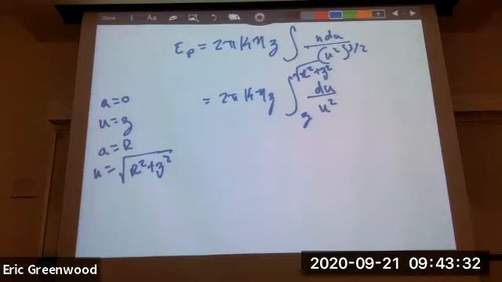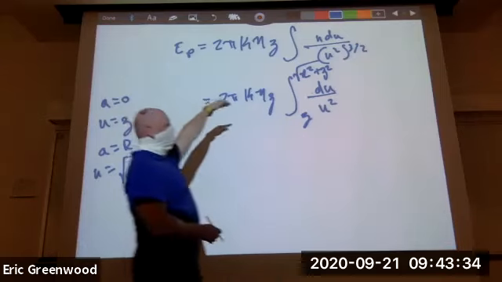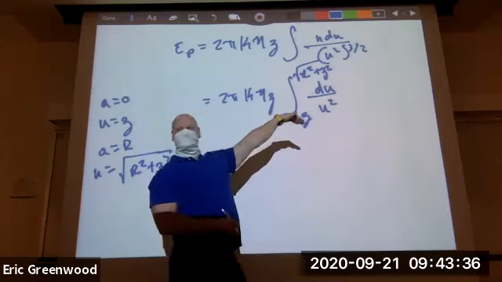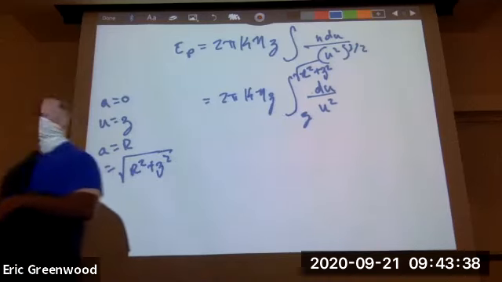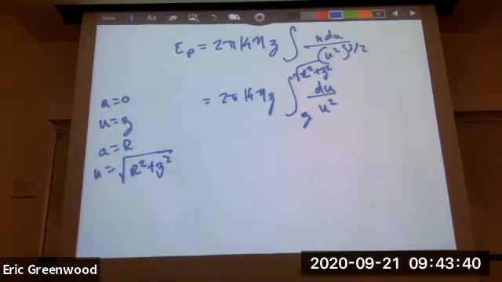But so good. So now I have the integral of du divided by U squared. What's the integral of du over U squared? What's the integral of dx over x squared? What's the integral of x to the negative 2 dx?